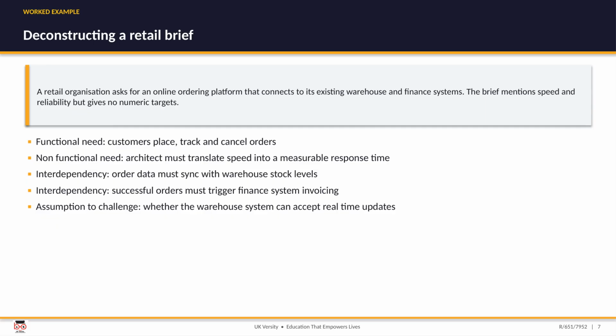The non-functional side is where the architect earns their keep, translating a vague word like speed into a measurable response time target. Then come the interdependencies, order data syncing with warehouse stock, and completed orders triggering invoicing in finance. And notice the assumption worth challenging, whether that warehouse system can even accept real-time updates.